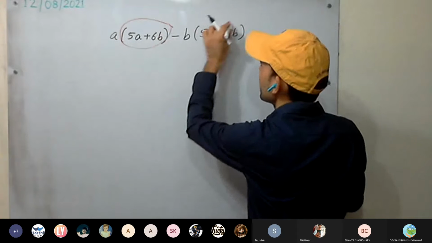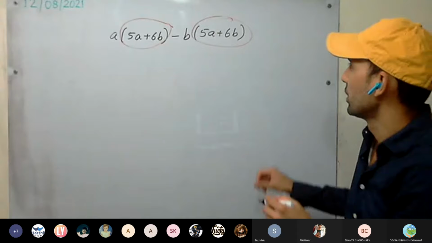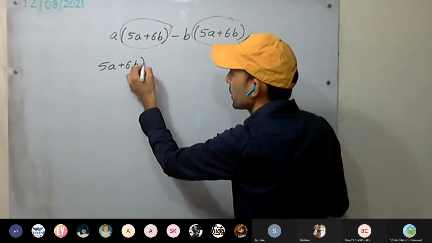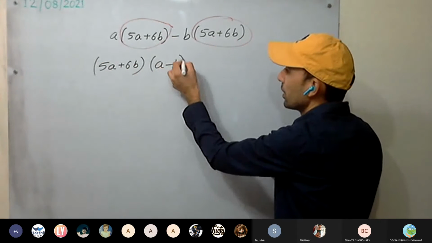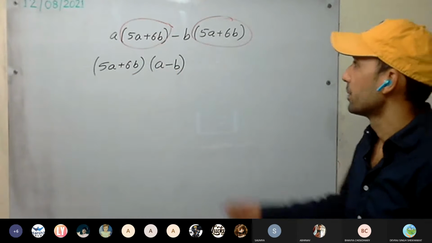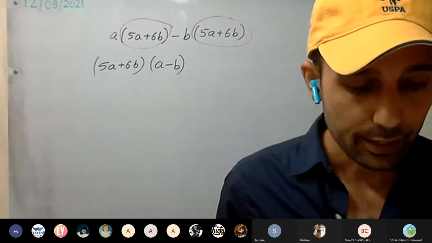Yes, sir, here as well. So take it out: 5a plus 6b. What will remain inside? A minus b will remain. 5a plus 6b common, a minus b will remain. Okay, try the next one.